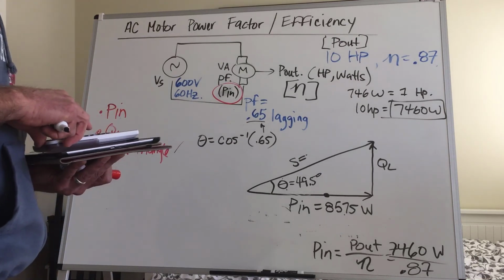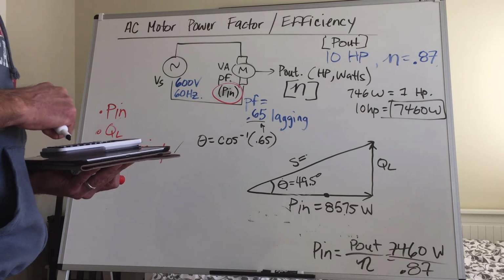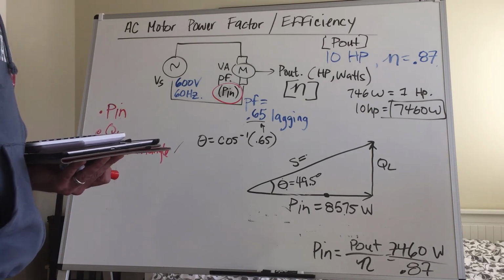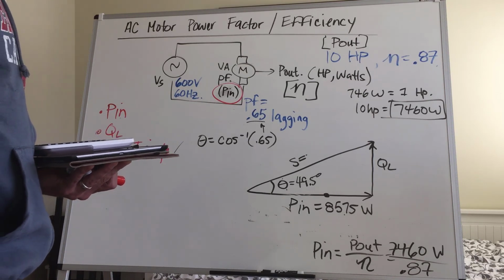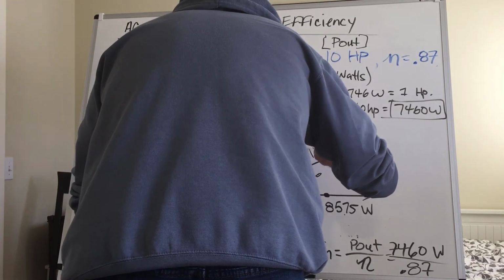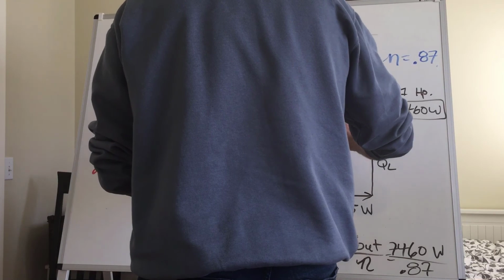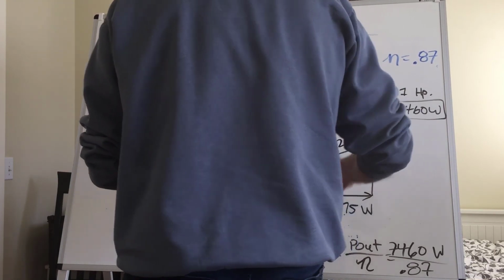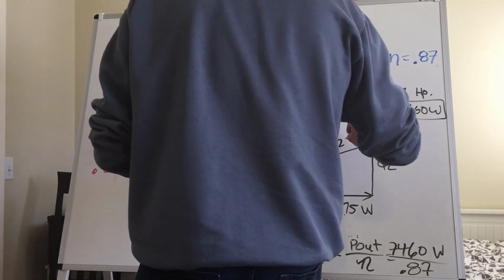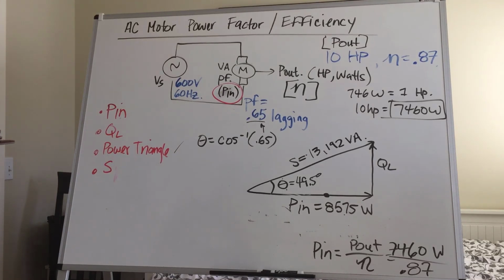So if I take the watts, 8575, and divide it by 0.65, that gives me 13,192, I'm going to say. So this is going to be 13 kVA, but I'm still going to express it as 13,192. Keep everything in units of VAs, watts, and vars. So 13,192 VA. That's going to give me my S value.